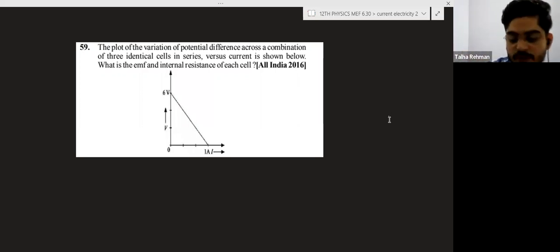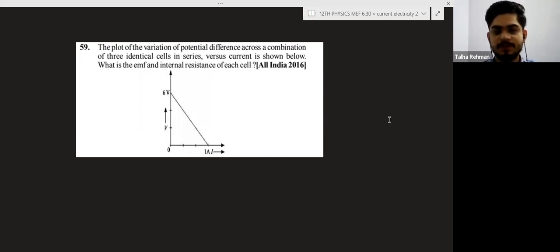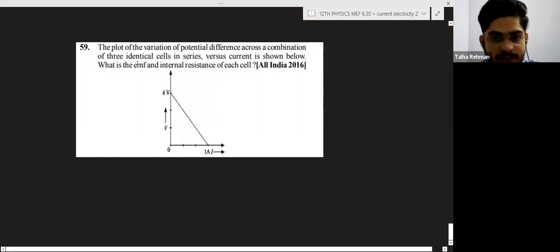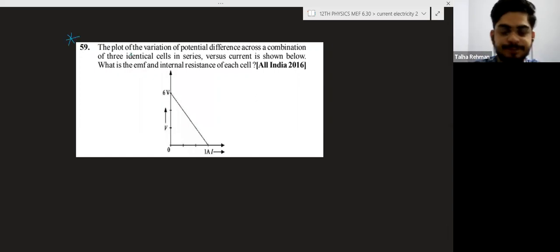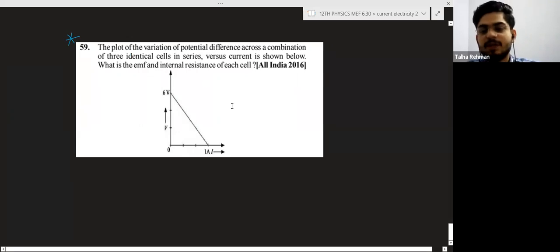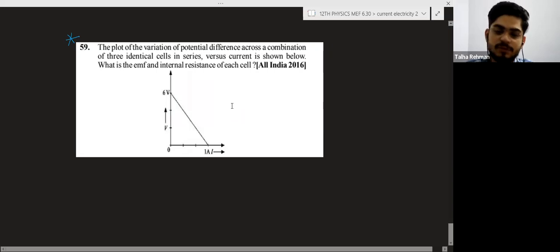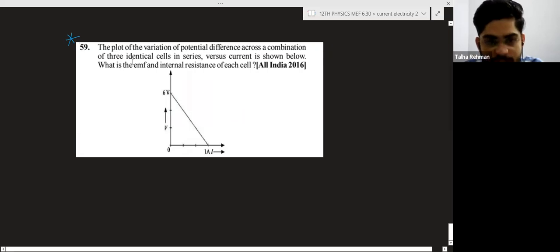From the graph we have to solve. This graph is given. So see the question. Just mark this question with one star. This can appear in your exam also. So just read the question.